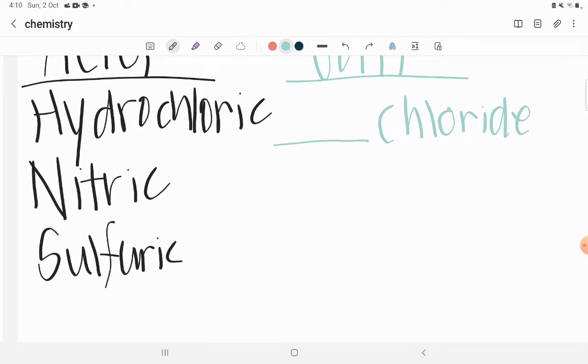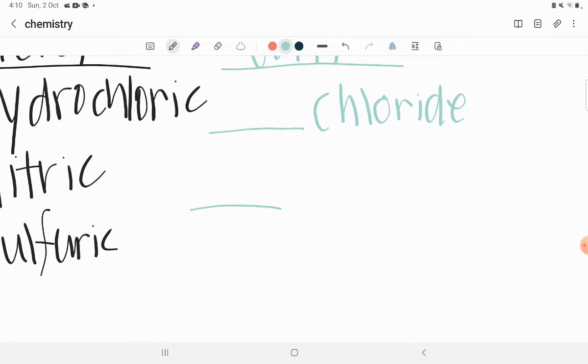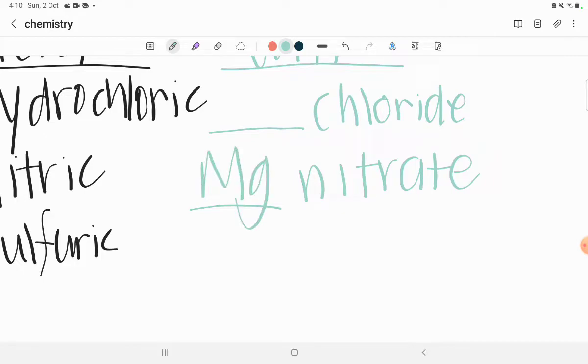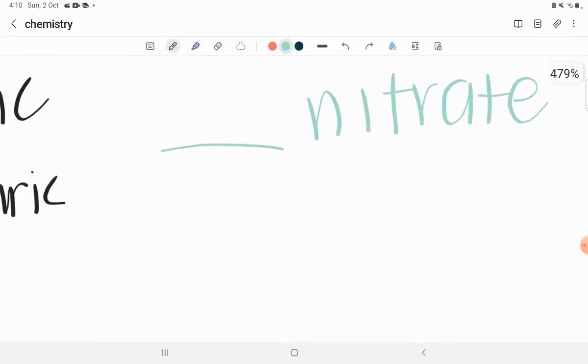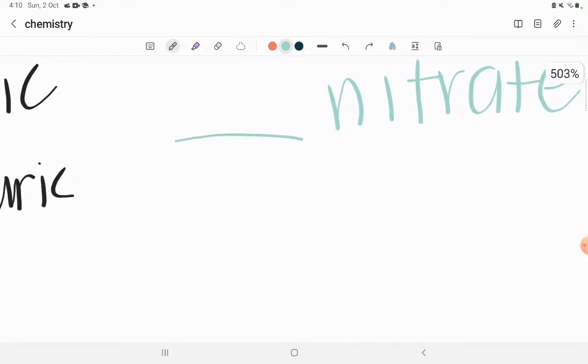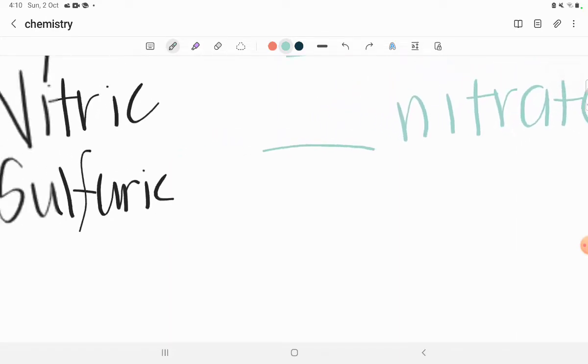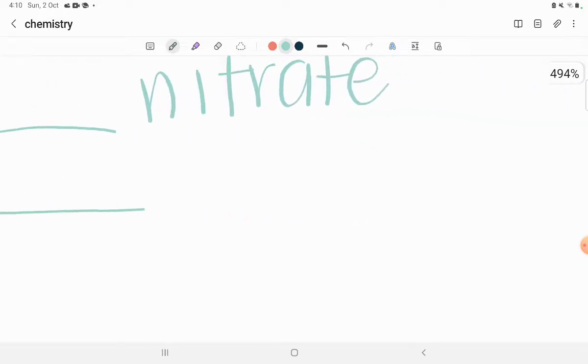For nitric, it would be something nitrate. Magnesium nitrate is also another example. And for sulfuric, it's kind of the same thing.